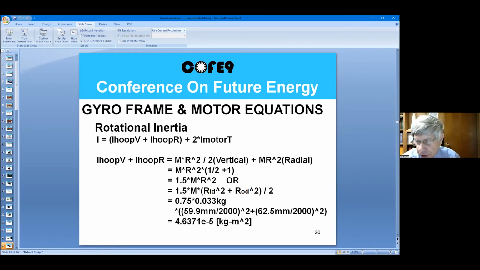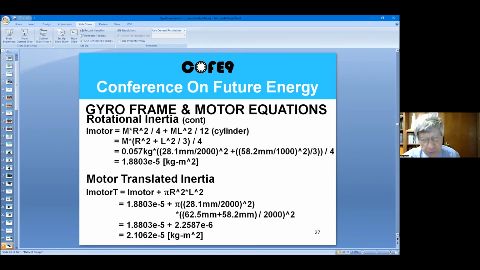And then the next chart here, we will do the motor. First, we calculate the inertia of the motor, which is mr squared divided by 4 (the radius of the motor) plus the mass of the motor times the length of the motor squared divided by 12. When you work that number down, you get 1.8803 e to the minus 5 kilogram meter squared.